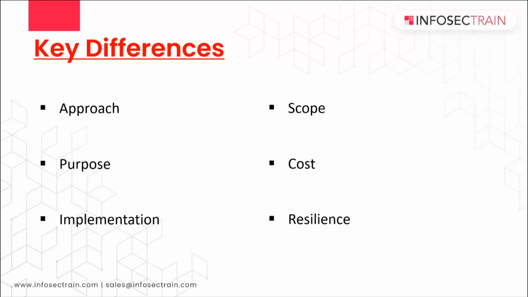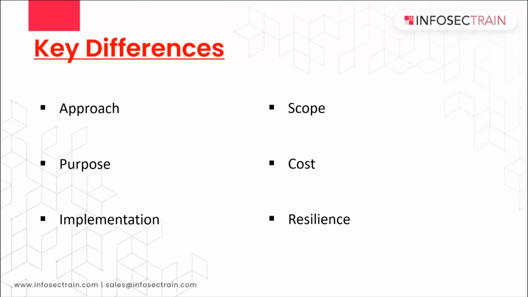So in summary, fault tolerance and redundancy are different approaches to improving system reliability and availability, and each has its own advantages and disadvantages. Fault tolerance provides automatic fault detection and recovery, but it can be expensive to implement.